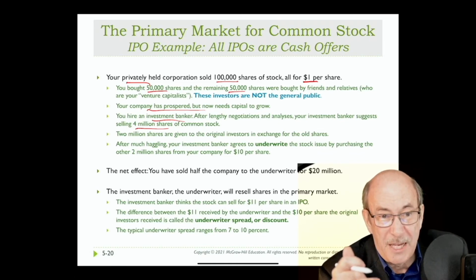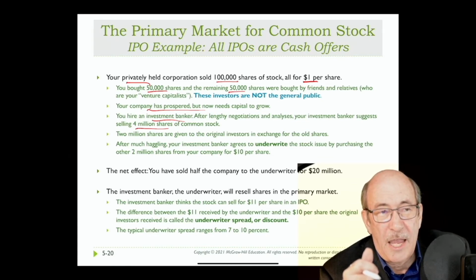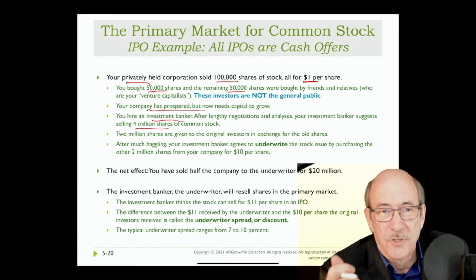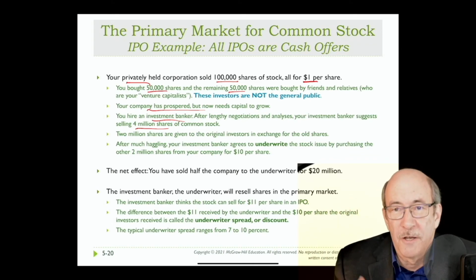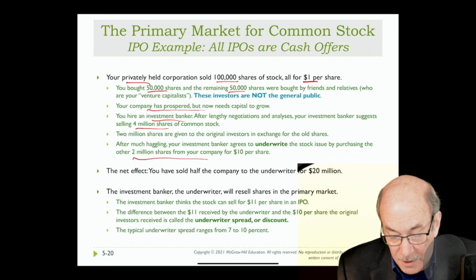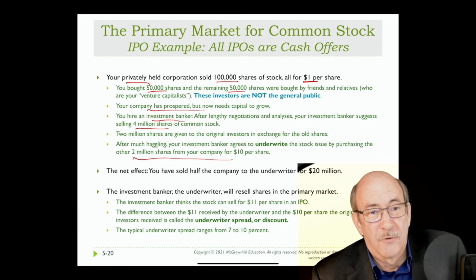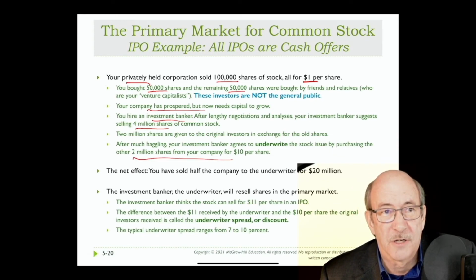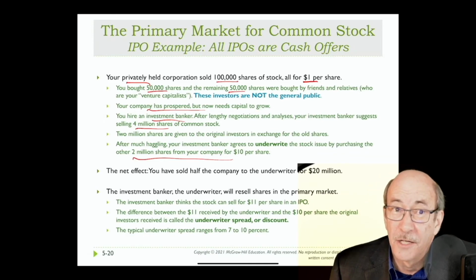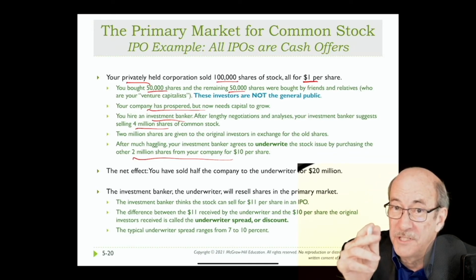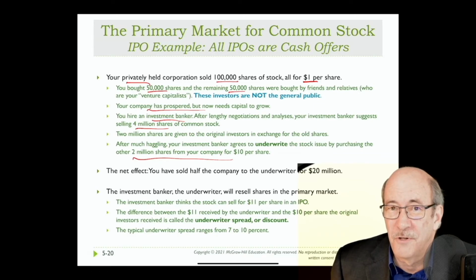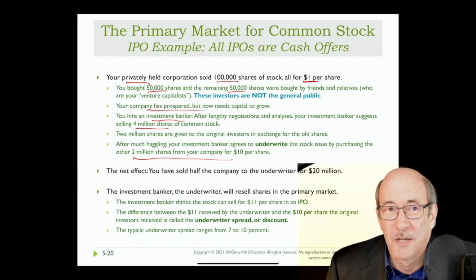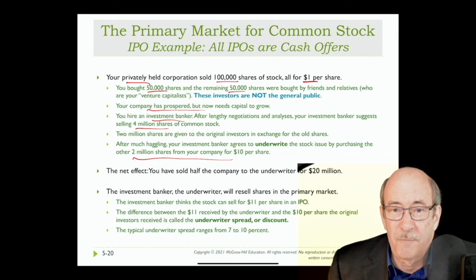The investment bank says, you know what, I think 4 million shares is the right number, and we will convert your 100,000 shares into 2 million of those 4 million shares. So basically, the underwriter is putting a value on the existing shares. And so those are going to be secondary shares when they're sold as part of the IPO, if we sell some of them.